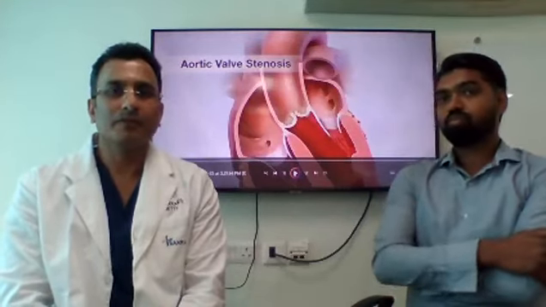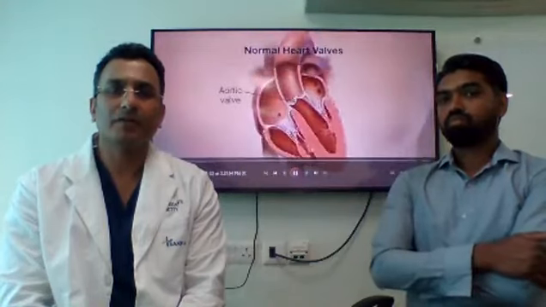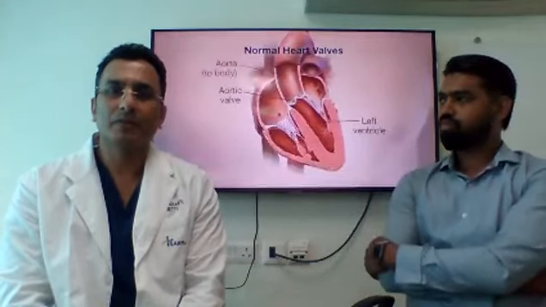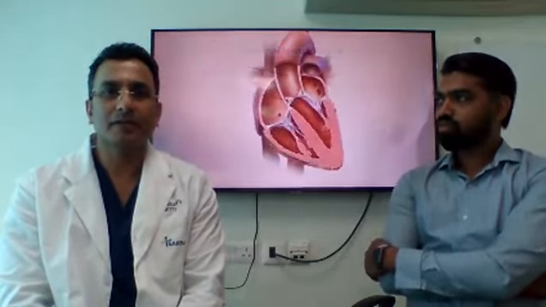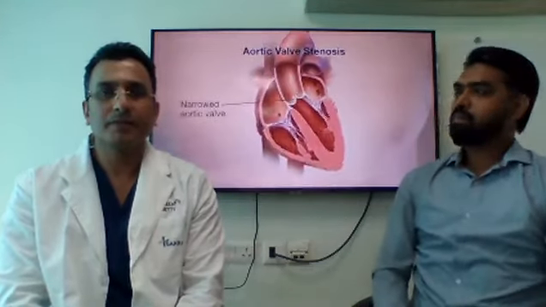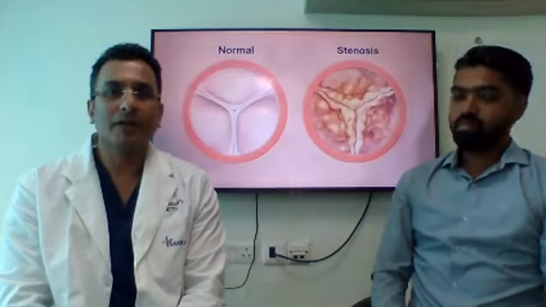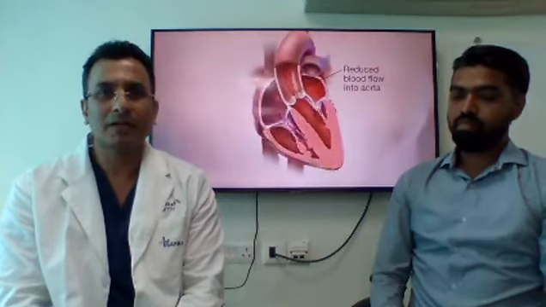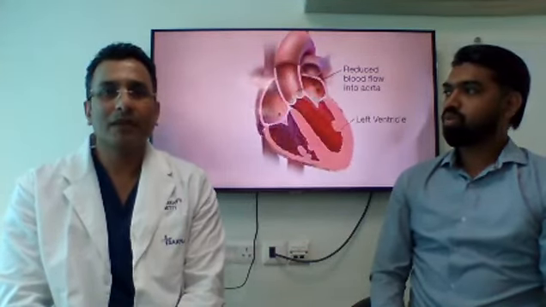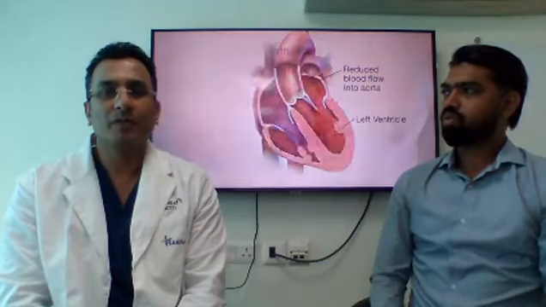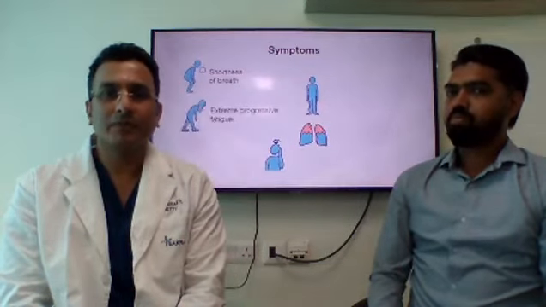So all of us know that the heart has four valves between its four chambers and the great arteries which arise from the heart. There are two valves on the right side, the tricuspid and the pulmonary valve, and two valves on the left side, the mitral and the aortic valve. The aortic valve guards the opening of the aorta, so it is between the left ventricle and the aorta.